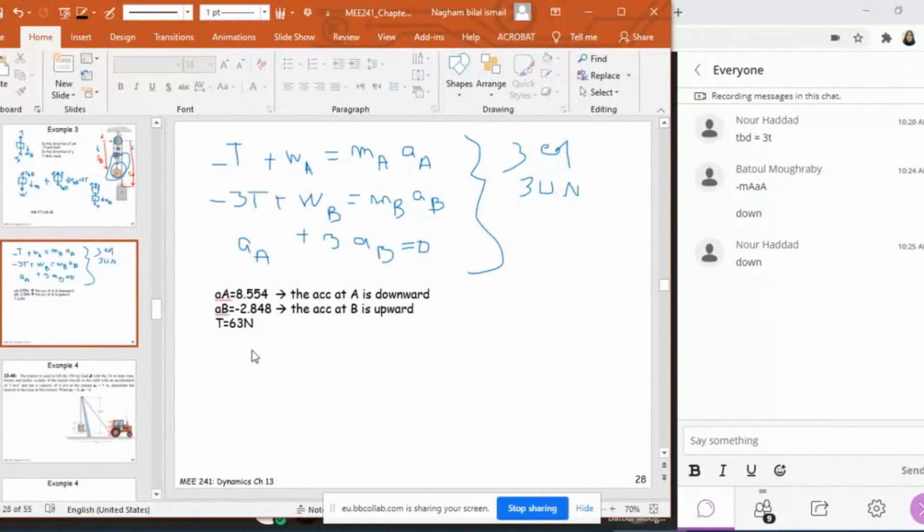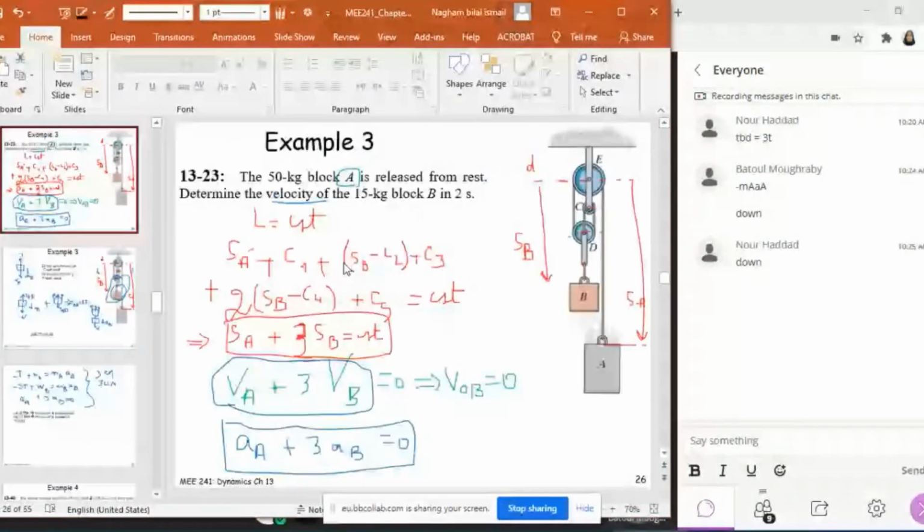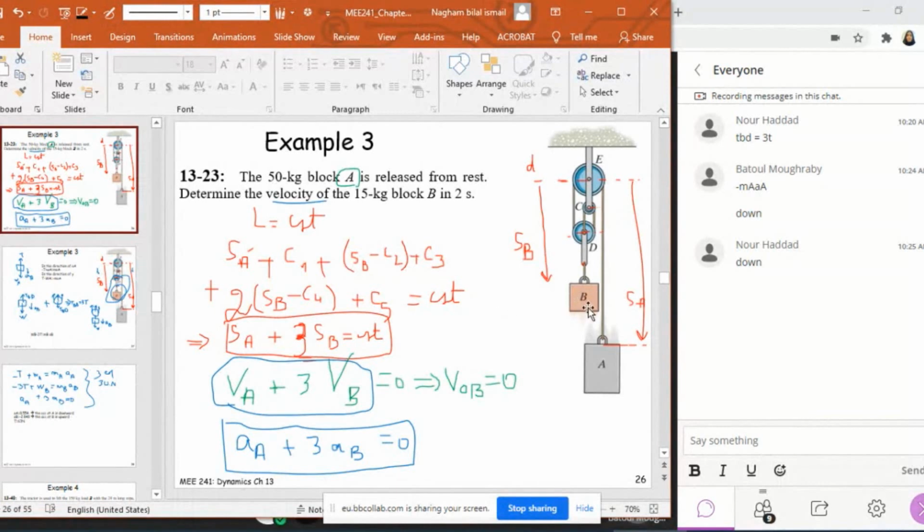Now, guys, what I want you to do is to get back to the question. I now know the acceleration of B, but this is not the question. The question is to determine the velocity of the 15 kilogram block in 2 seconds. So I know the time, and I need to find the velocity of this 15 kilogram block, which is the block at B. How to do this?